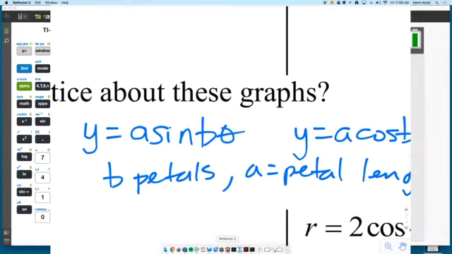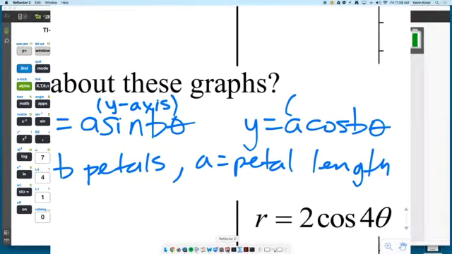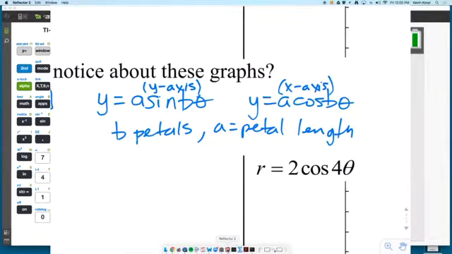And of course, the sine has y-axis symmetry, and the cosine has x-axis symmetry. But let's make one note here. We have b petals, and b has been an odd number.